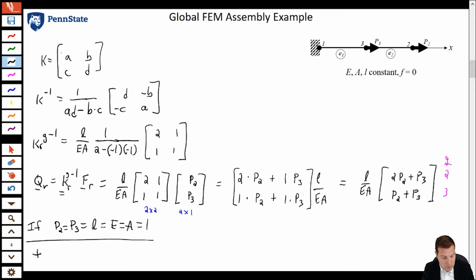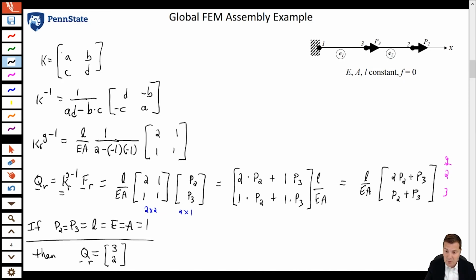Then Q_R, I should say, is equal to 3, 2. Okay, so that gives us our displacement. We basically solved for the displacements that we didn't know.